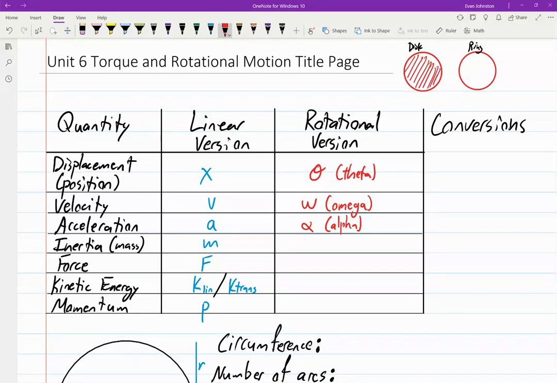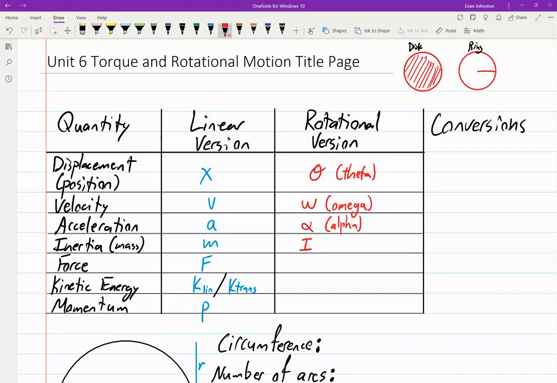It turns out that the disk would be easier to rotate because more of the mass is concentrated around the middle, the center of rotation, essentially. The ring is going to be harder to rotate because the mass is distributed way out here at the very end of the radius of the circle. So we're looking at how the mass is distributed.